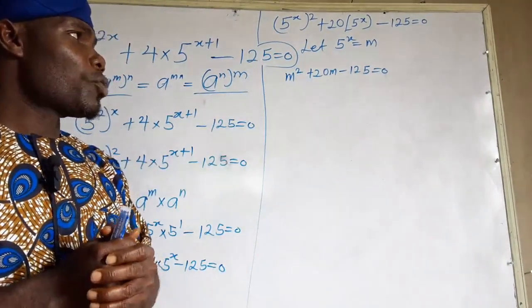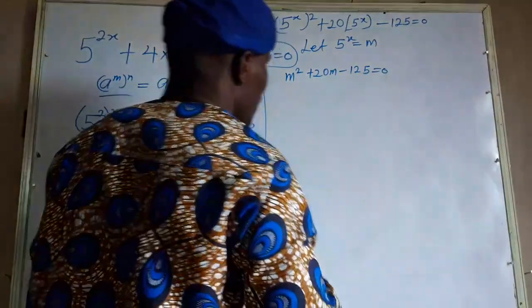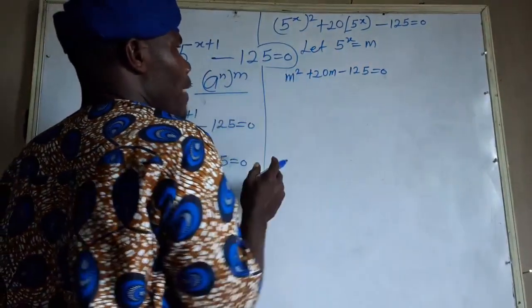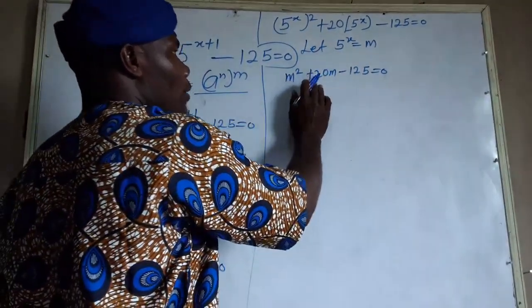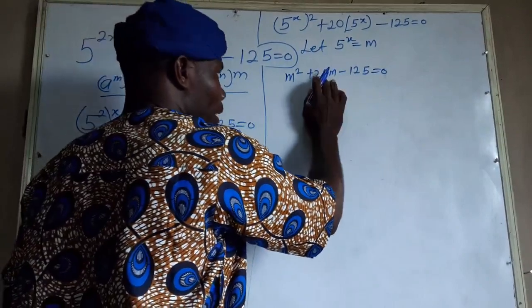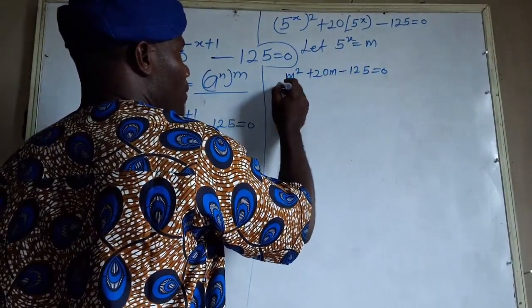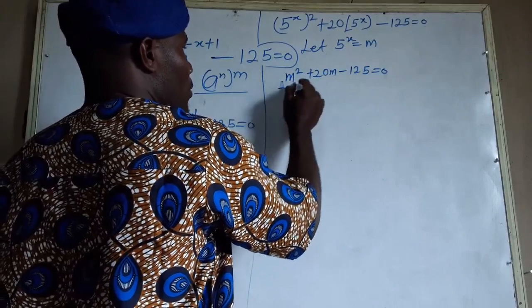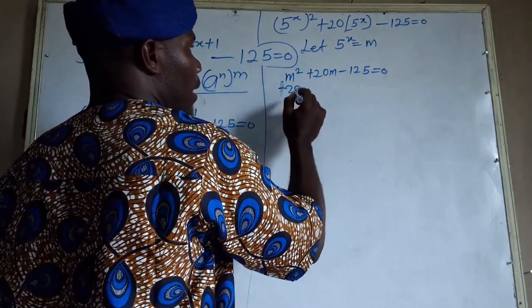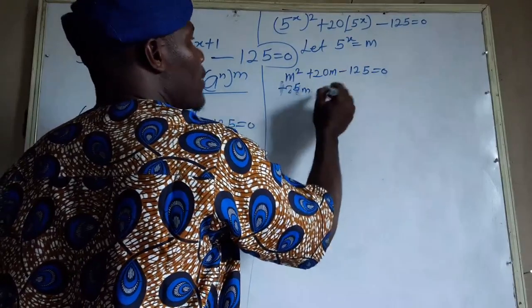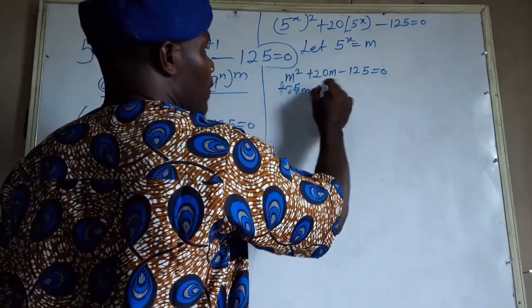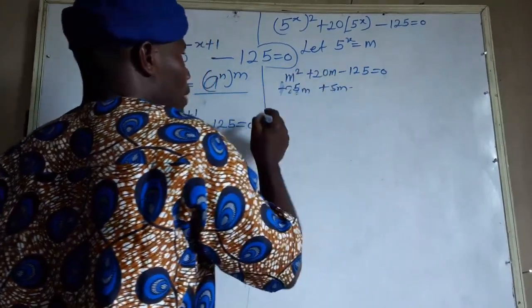So now, let's find two factors that we are able to add to give us 20 and multiply to give 125. As we said, let's try to have maybe plus 25m and minus 5m. So let's do this again.